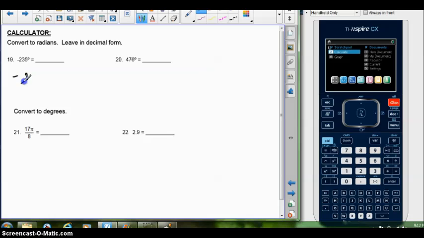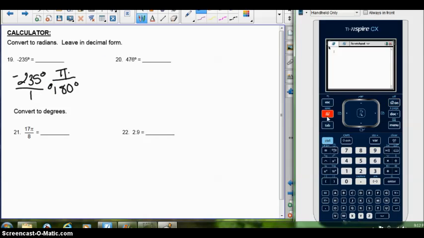Okay, so I have negative 235 degrees. To convert to radians, remember, our conversion is 180 and pi. So since I'm going to radians, I'll leave pi on top. It says leave in decimal form, so come on over here, open up your calculator, and simply negative 235 times pi divided by 180.